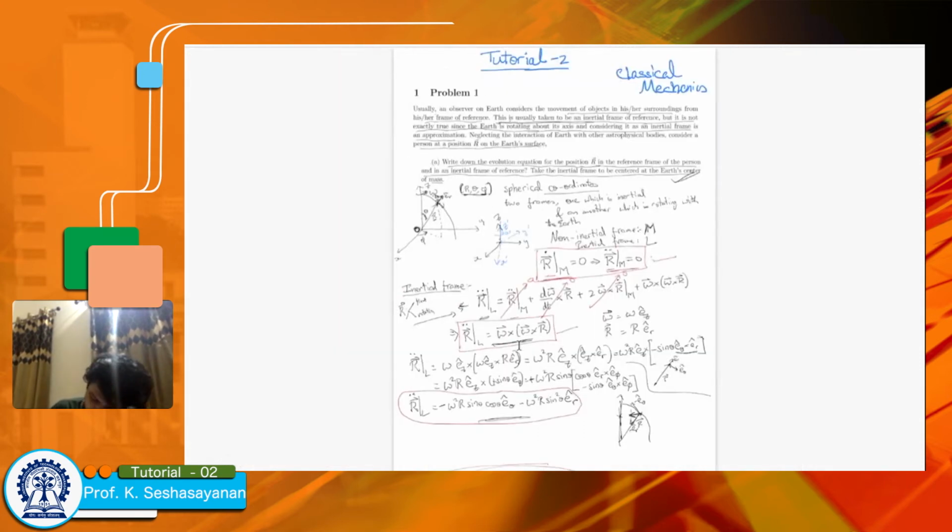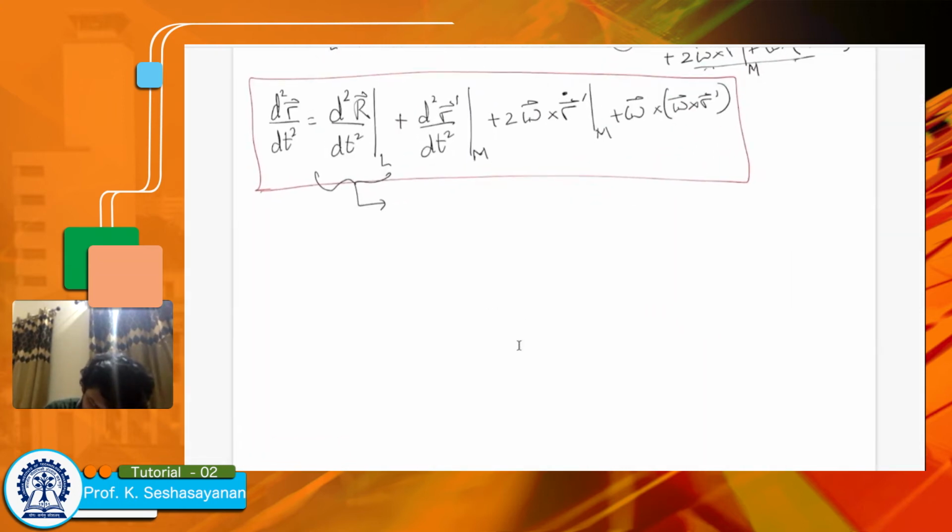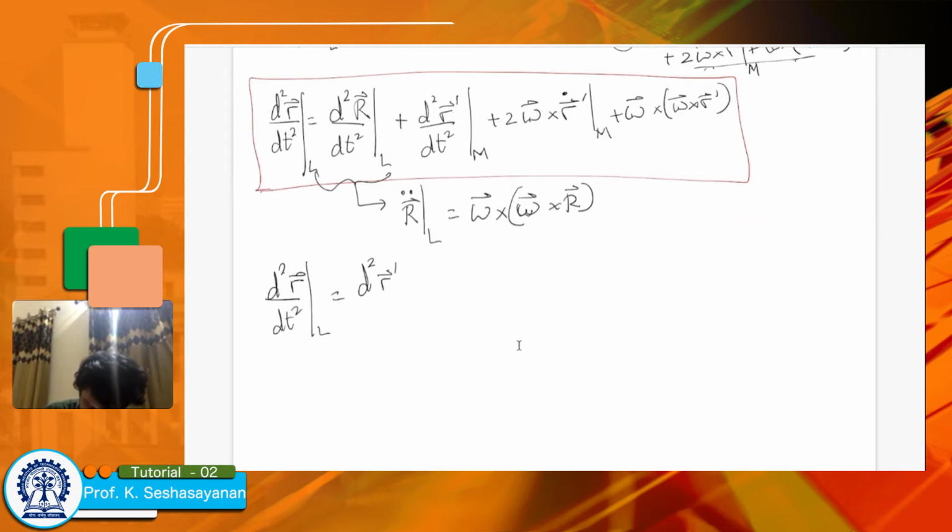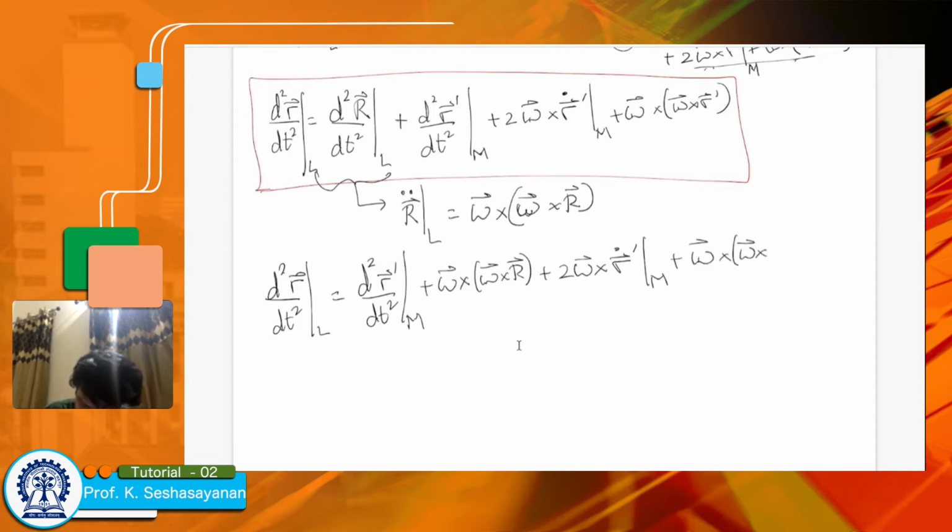We know that R double dot is nothing but omega cross omega cross R. So again we write d square r by dt square equals d square r prime by dt square in the moving frame plus omega cross omega cross capital R plus 2 omega cross r prime dot plus omega cross omega cross r prime.